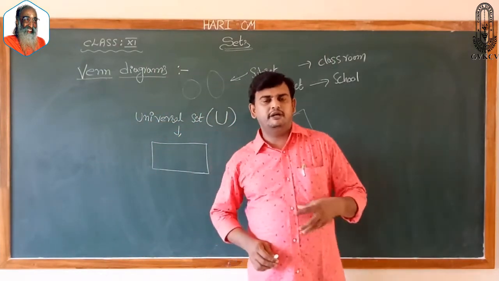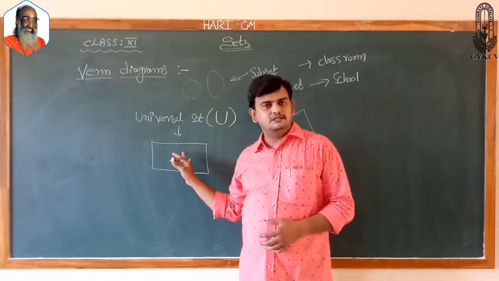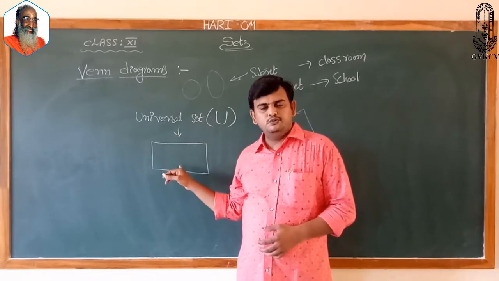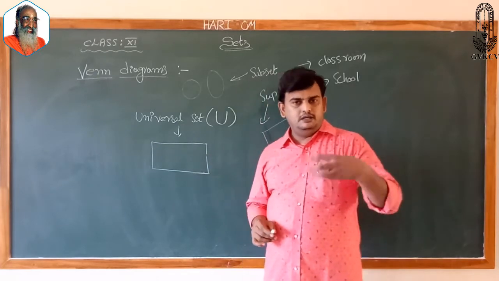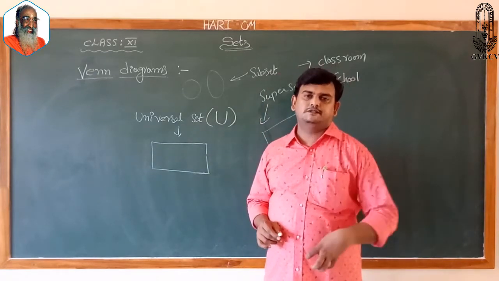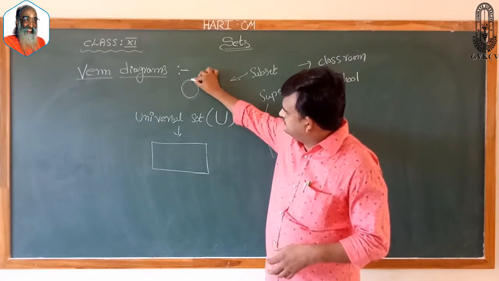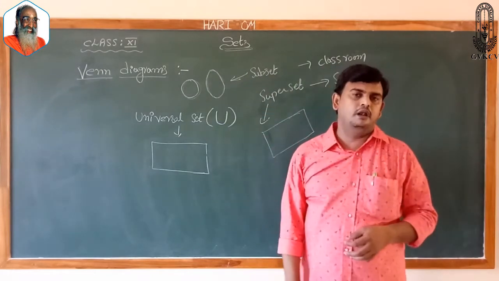Then we consider the remaining sets, all are nothing but parts of a universal set. So the universal set we always represent in the shape of a rectangle, and the subsets, meaning the parts, we represent either in the form of a circle or in the shape of an oval.